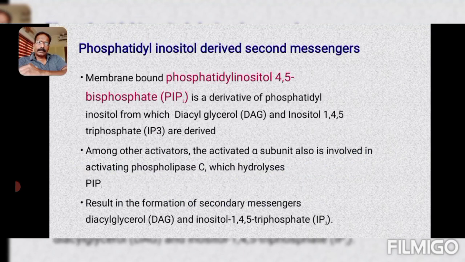Now let us see a hydrophobic second messenger. The one we are going to see is phosphatidyl inositol and phosphatidyl inositol derived second messengers. Now, a derivative of phosphatidyl inositol, namely phosphatidyl inositol 4,5-bisphosphate or PIP2.